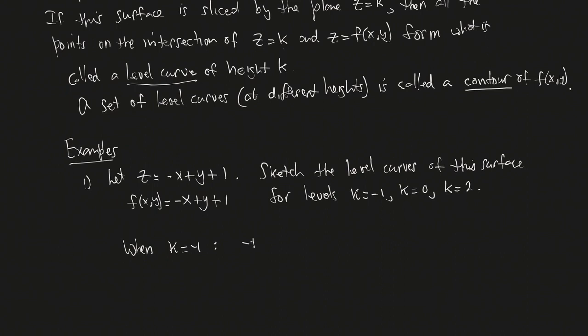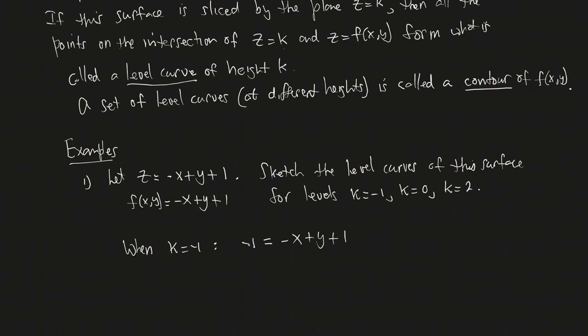So if I put a negative 1 there, then I have this. If I were to solve this for y, because now that z has a fixed value, this is just an equation that involves x and y. So we can actually plot this equation in our xy plane.